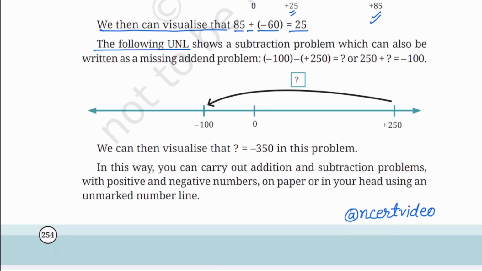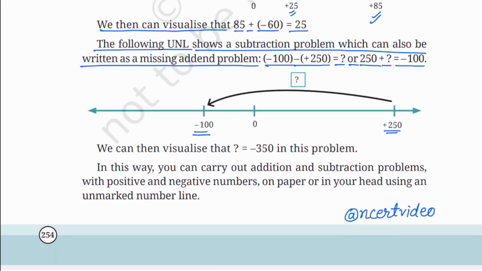The following UNL shows a subtraction problem which can also be written as a missing addend problem. Minus 100 minus plus 250 is equal to question mark, or 250 plus question mark is equal to minus 100. You can see here 250 is here and minus 100 is here.